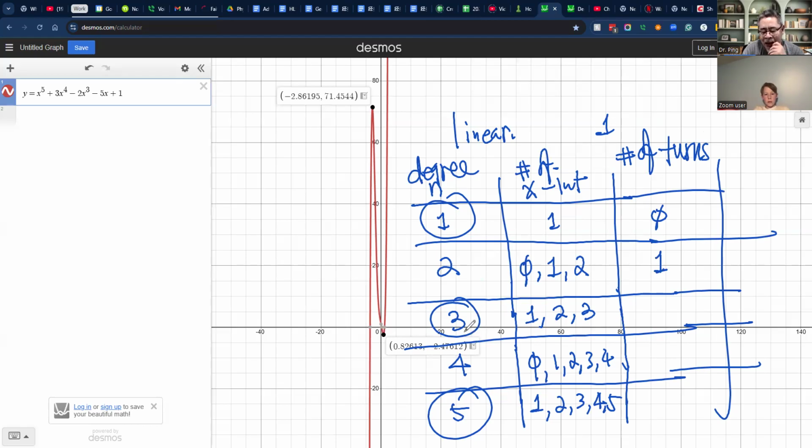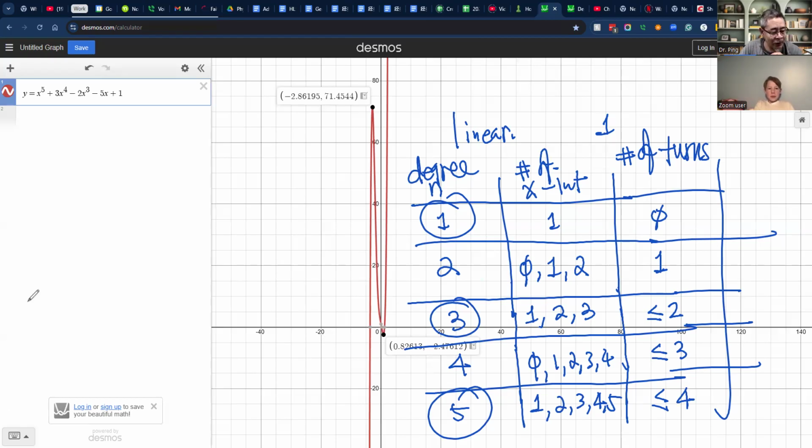If you have cubic, we have less than or equal to 2 turns, so it could have 1 turn or 2 turns. When you have degree 4, it can be less than or equal to 3. With degree 5, less than or equal to 4. So it's in terms of the number of turns and the number of x-intercepts.